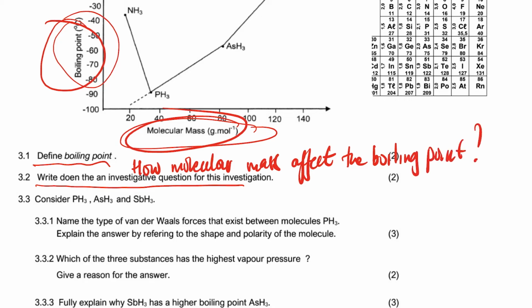Or you can say, what is the relationship between the molecular mass and the boiling point? That's the investigative question, guys. There must be these two variables, the independent and dependent variable. This is the dependent and this is the independent.